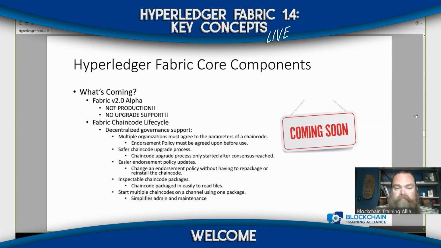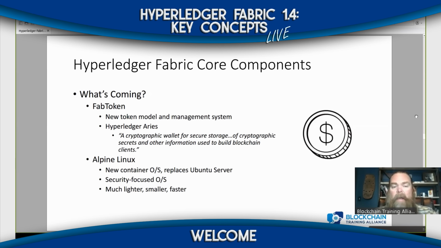So much more democratic and decentralized tool set for governance and management of Fabric networks and channels. Upgrades to endorsement policies, chaincode packaging, some administrative tools for starting, managing, deploying, tearing down chaincode packages have all been added. Again, plenty more information down in the notes with some links.